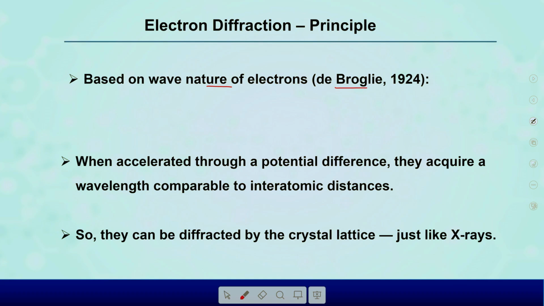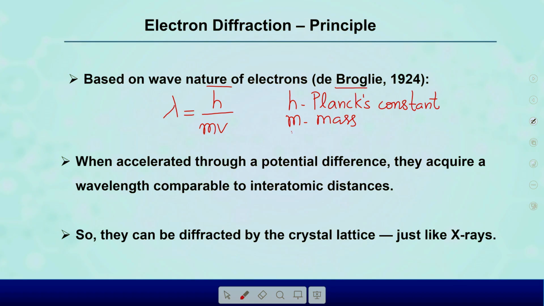We know the well known de Broglie equation, lambda equals h by mv, where lambda is the wavelength, h is Planck's constant, m is the mass of the particle, and v is the velocity.